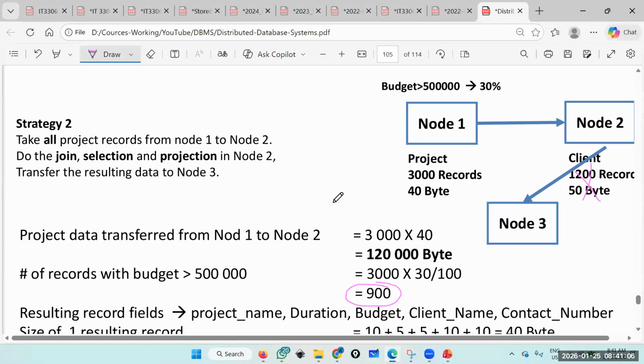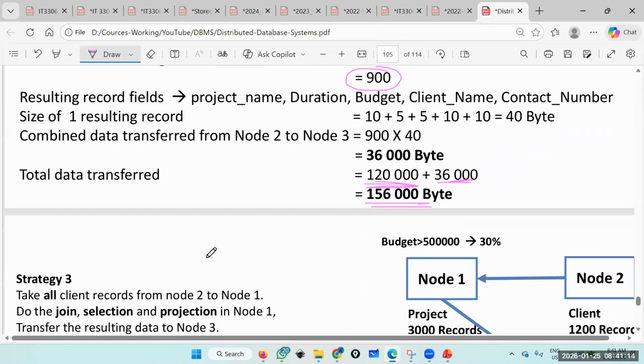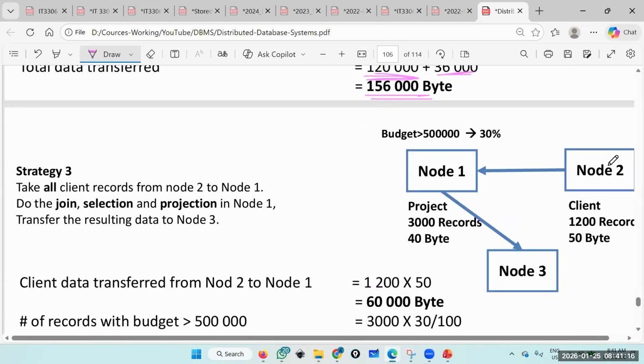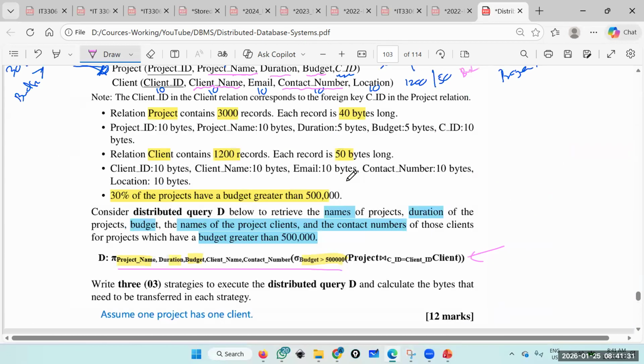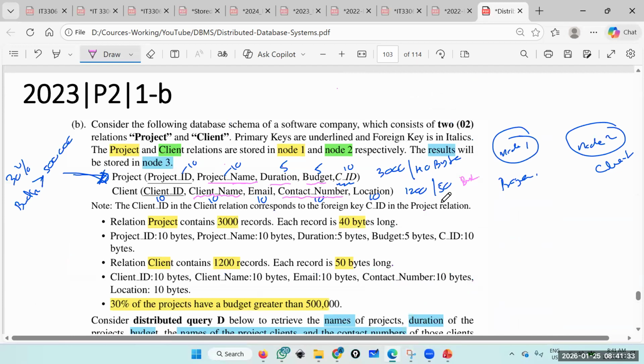So that is the second strategy, taking node 1 data to node 2, do all the processing and take the results. So now let's move on to strategy 3. You take node 2 data to node 1, do all the processing and take the results. But you take all the clients to node 1. So we have 1,200 clients, 50 bytes.